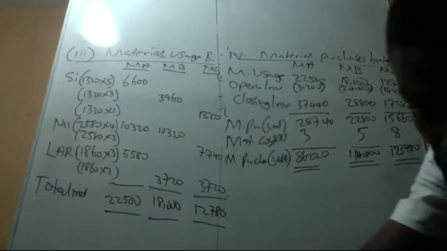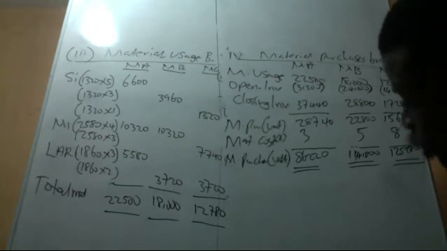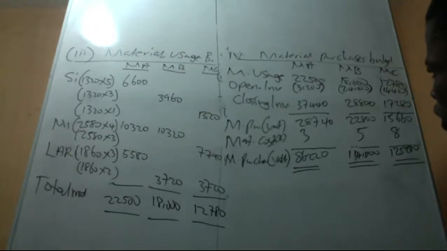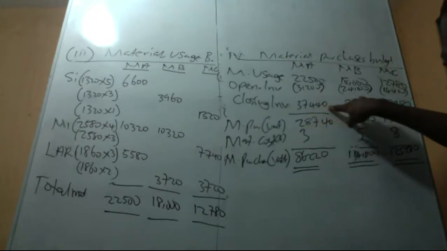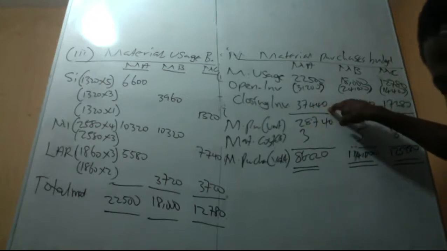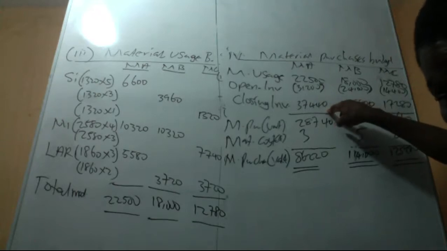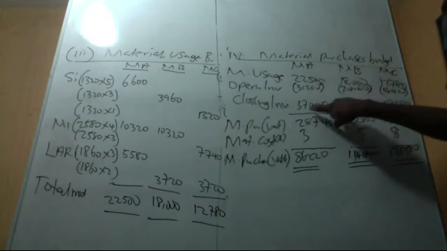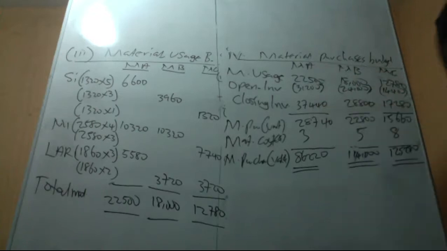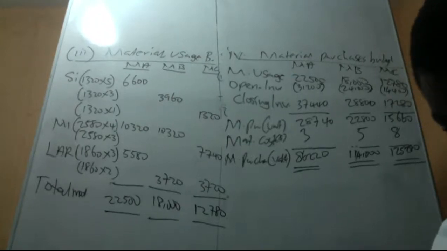Yeah, so that's fine. The closing stock. Closing stock is 37,440. That's the closing stock. The closing stock for material MA is 37,440. Yes, and it was in the question, so that is it.